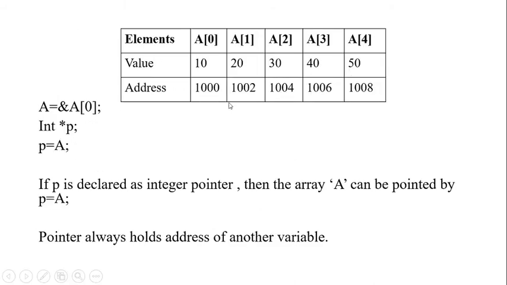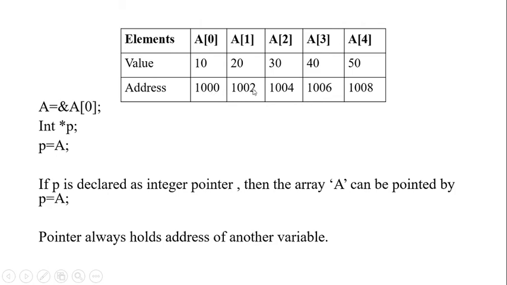Since it is an integer array, if the pointer increments by 1, then it increments by 2 locations because the integer variable contains 2 bytes. If it is a floating point type array, then the scale factor will be 4. Then the difference between each location will be 4 bytes.